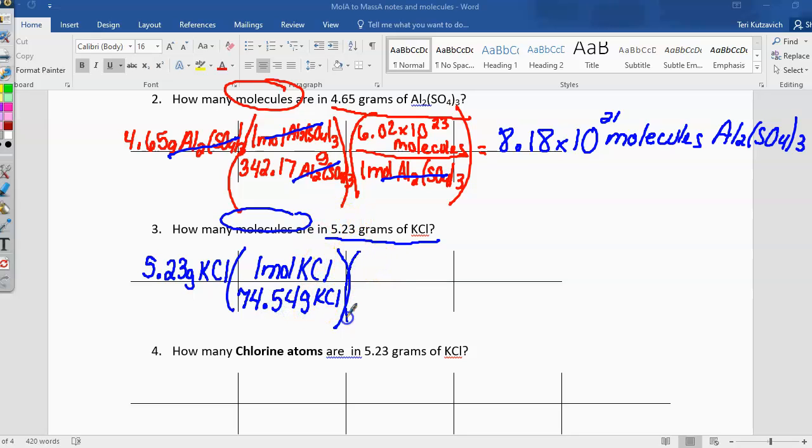But I don't want moles. I want molecules. I'm just going to put the end parentheses since they have that middle line. So what has to go at the bottom of this parenthesis? 1 mole of KCl to cancel, and then you're looking for molecules.